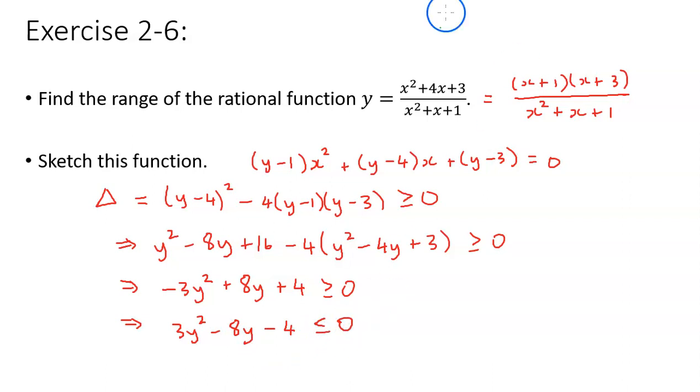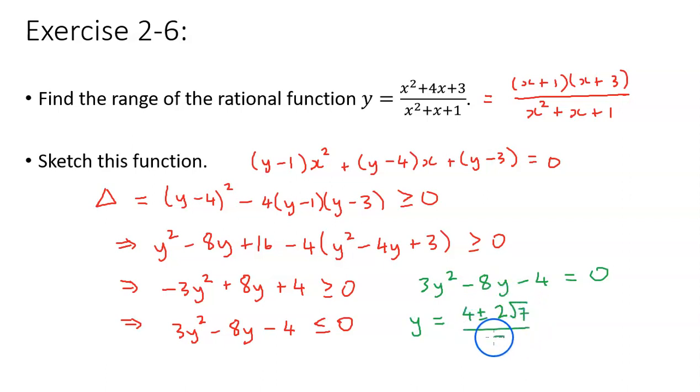And if we solve 3y squared minus 8y minus 4 equals 0, we get that y equals 4 plus or minus 2 times the square root of 7, divided by 3.